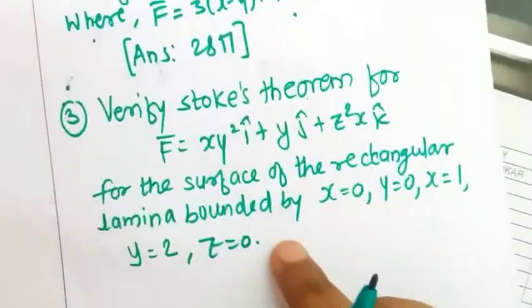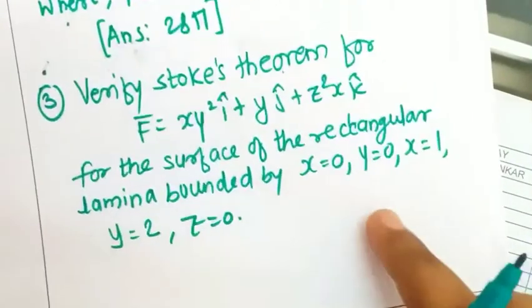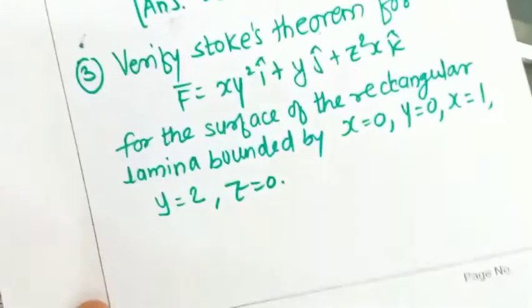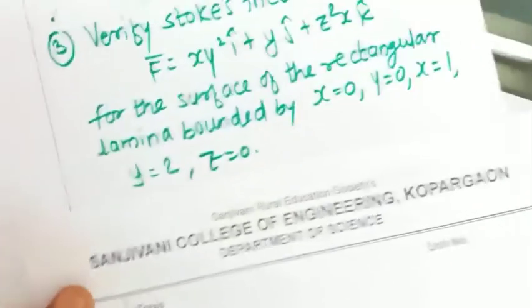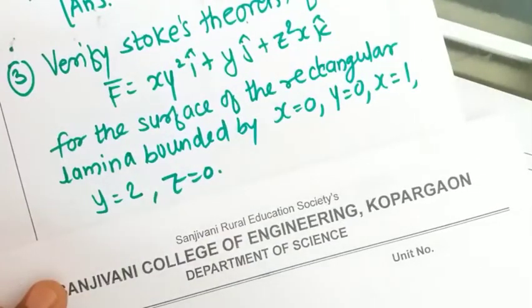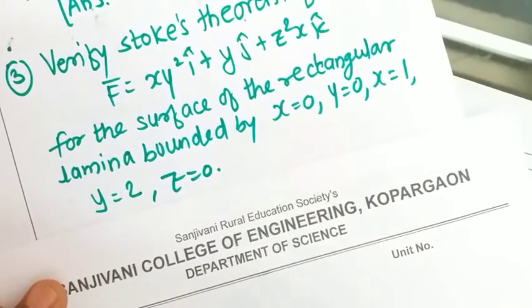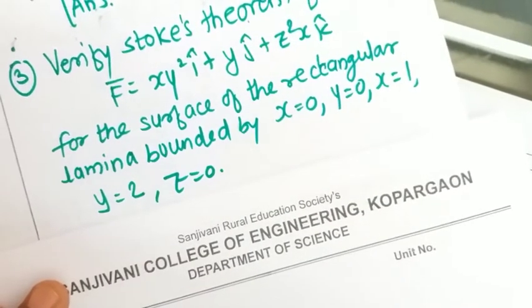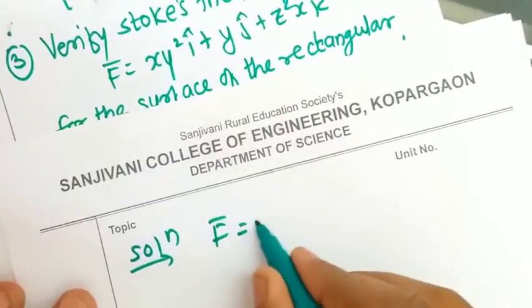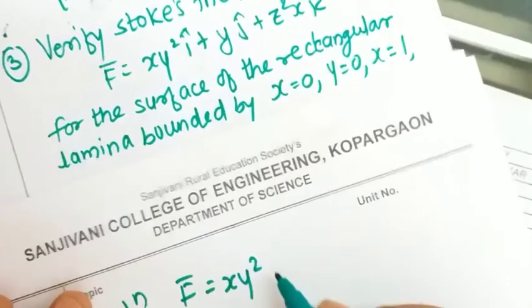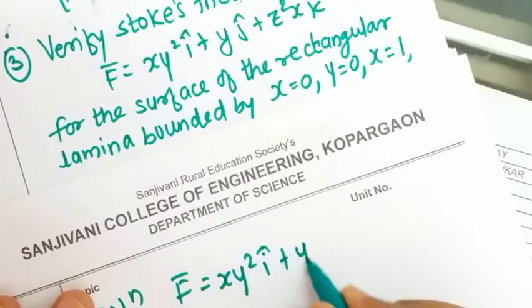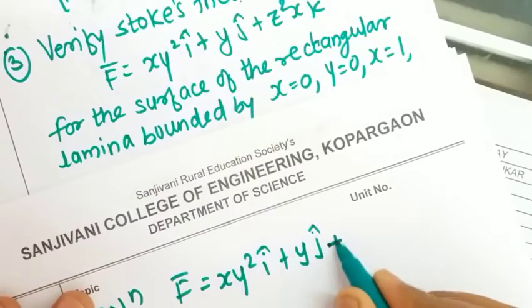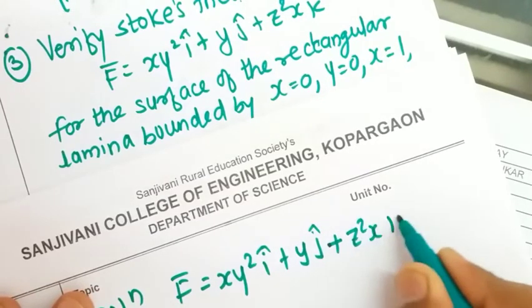Now let us start the calculation for the third, verification of the Stokes theorem. For this problem I will write first in the solution: f bar equals xy square i cap plus yj plus z square x k cap.